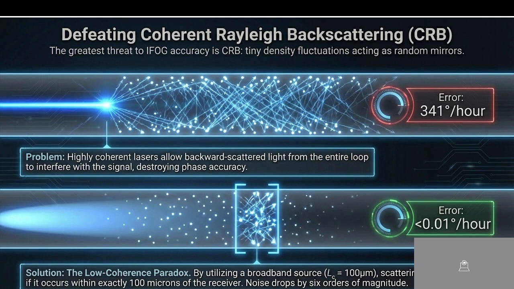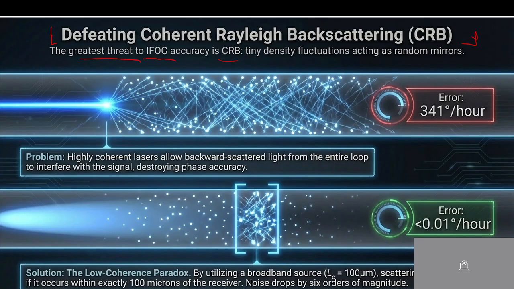Moving towards the next thing, which is coherent Rayleigh backscattering, or how we can defeat the coherent backscattering. The greatest threat to IFOG accuracy is CRB: tiny density fluctuations acting as random mirrors.